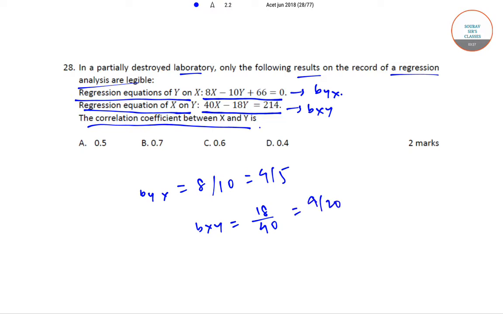Now we found this by writing this equation as y is equal to 8x by 10 plus 66 by 10.